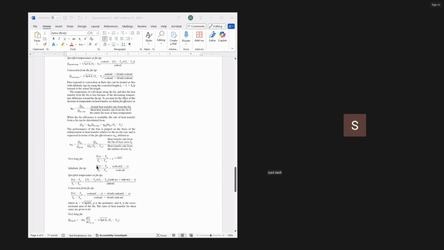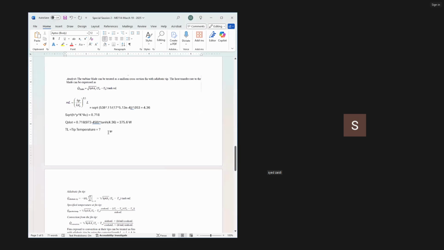Adiabatic fin tip is this temperature. So basically this is the temperature. Adiabatic fin tip temperature is this one. So I will say here, fin tip temperature is this one. So can you calculate from here Tx? So first of all, it is cosine hyperbolic and that. So find Tx is basically TL.